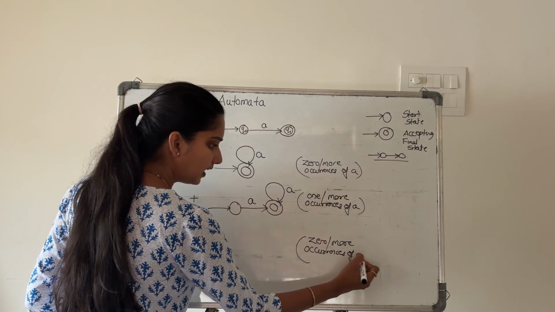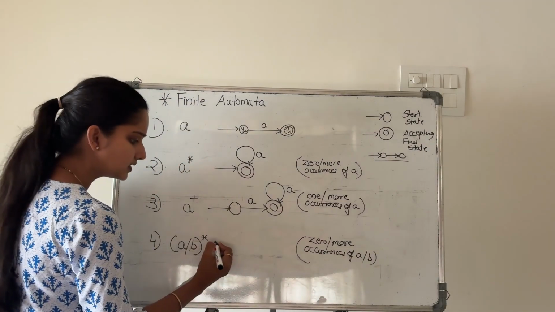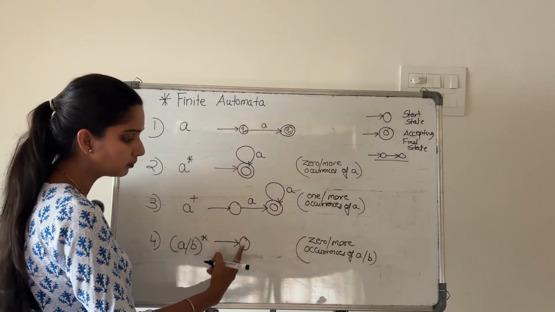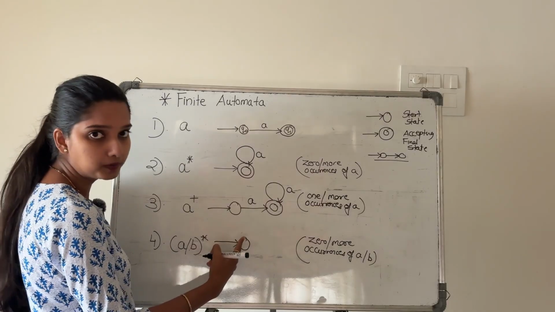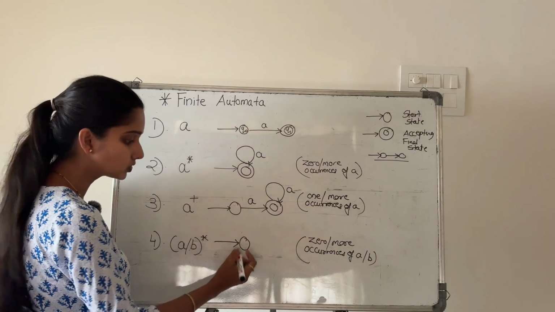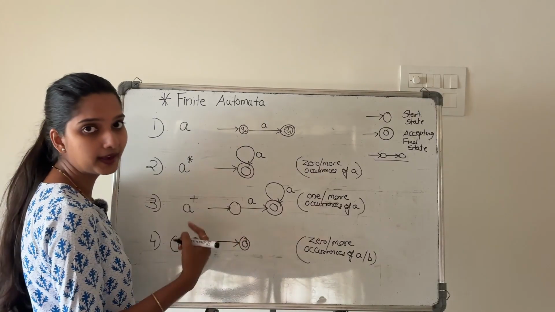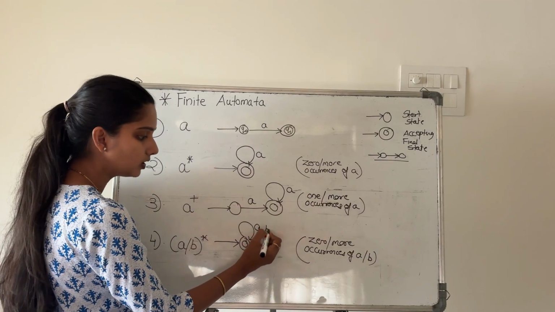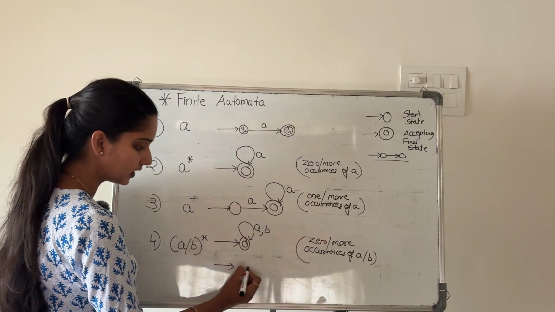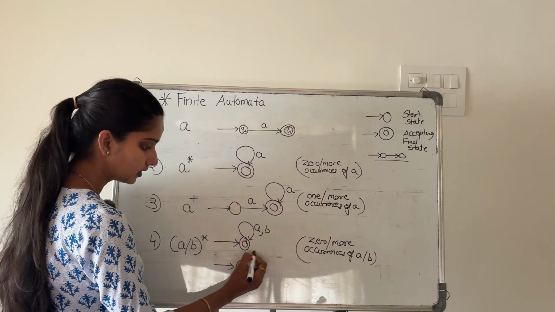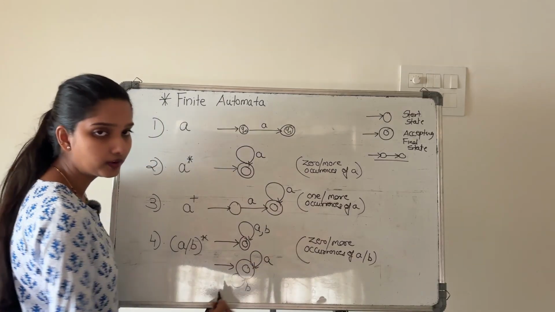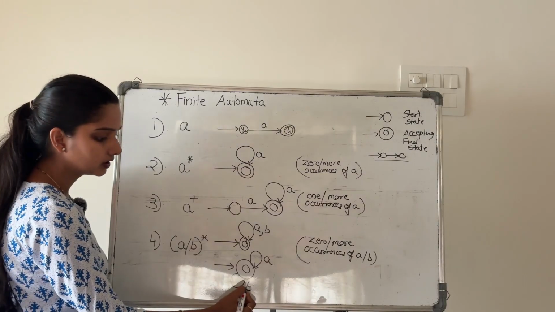So again in the same way, it is 0 or more occurrences, so we can put a self loop. The initial state becomes my accepting state. For A or B, you can draw it separately or you can draw it together.